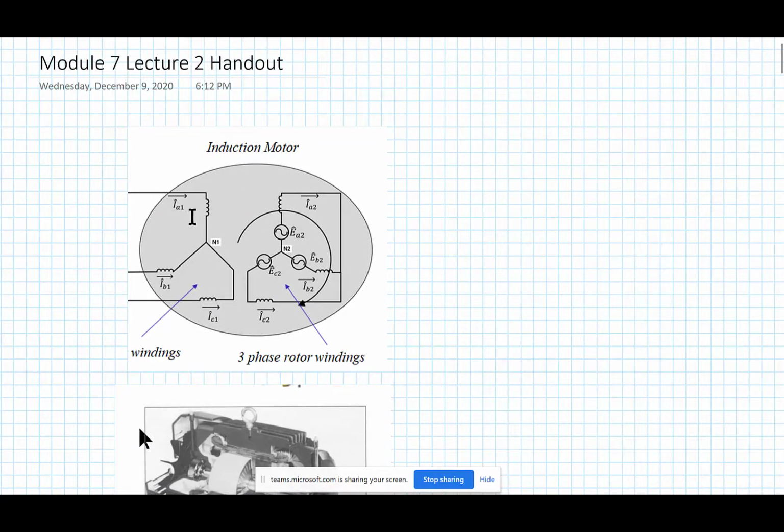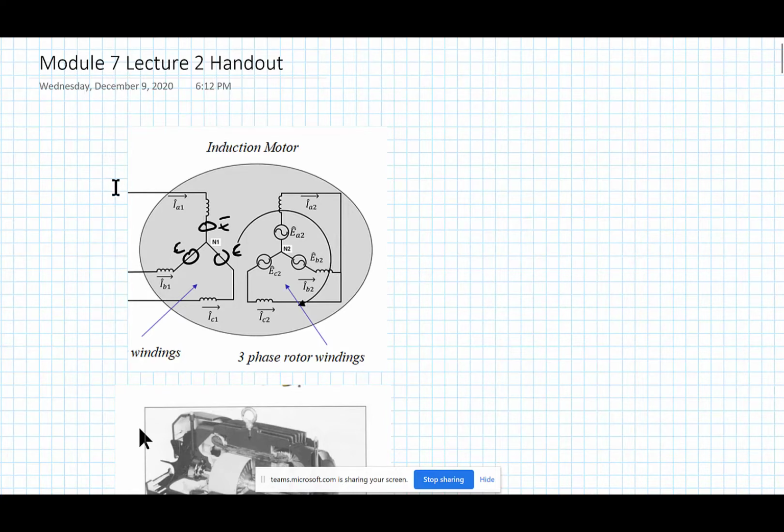It's three-phase windings, which could be delta or Y, and I make a little correction to this drawing: in reality you do have a little voltage here, an effective E voltage, and you'll see in the circuit what that really means. You have a three-phase winding, and then on the rotor another three-phase winding, and then you short circuit the outputs of the winding.